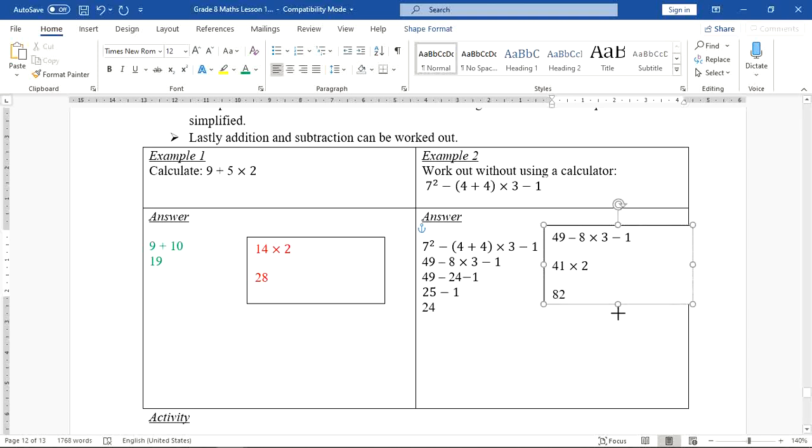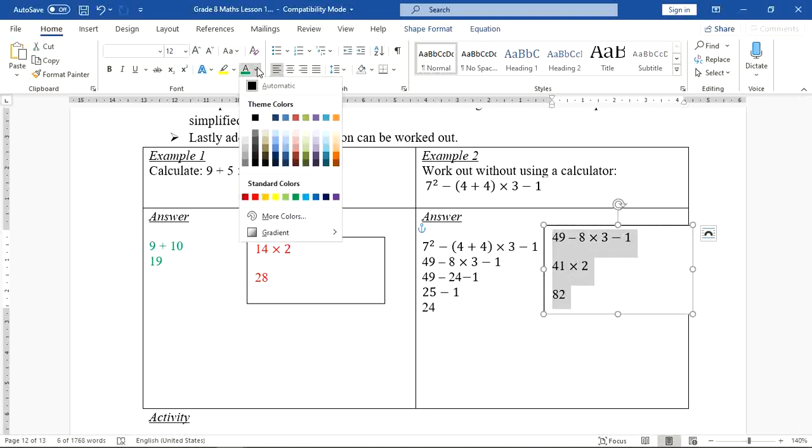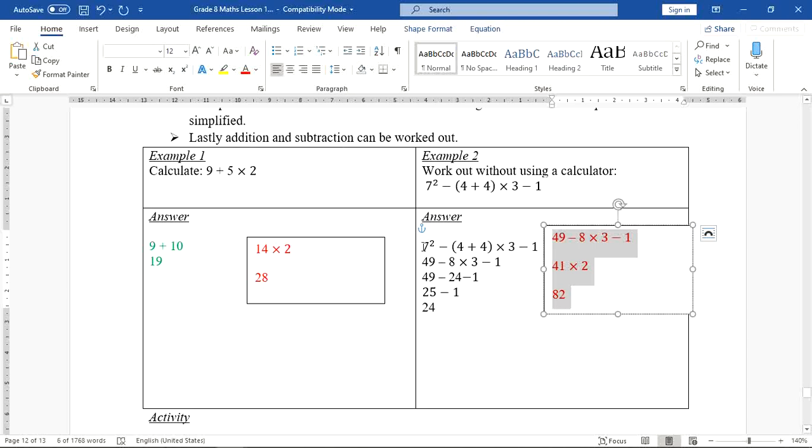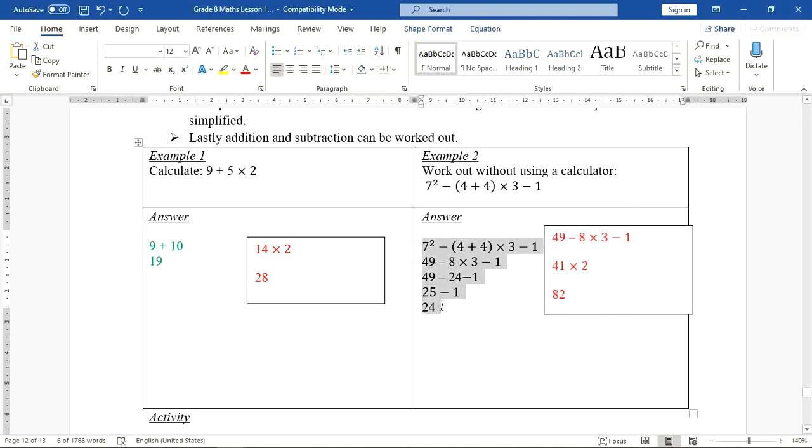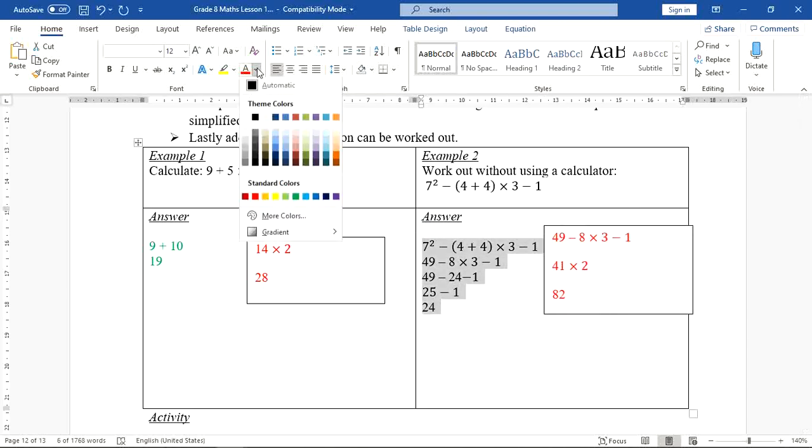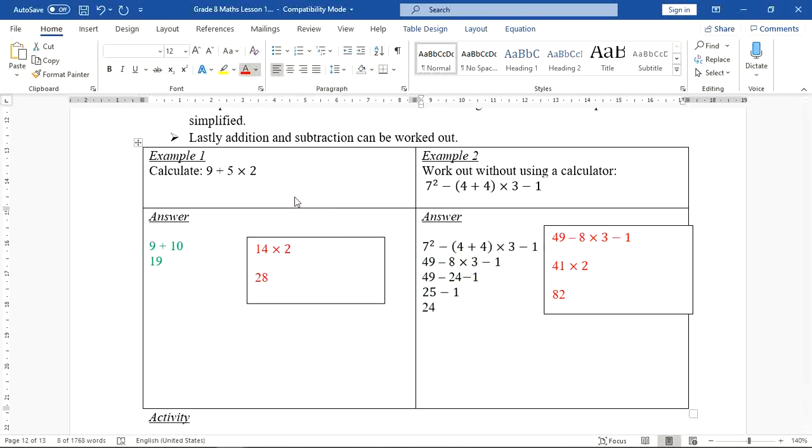Again, if you do not follow the rules according to BODMAS, you are going to get a different answer. That's why you must go according to BODMAS. I'll make this one green to show that this is the correct thing.